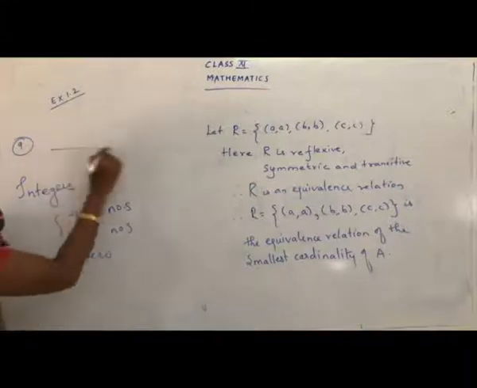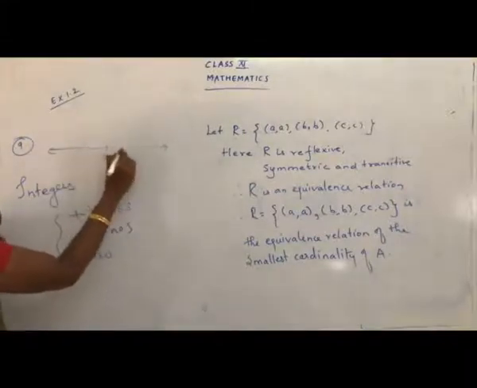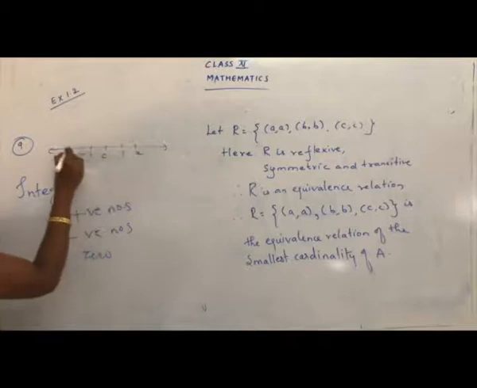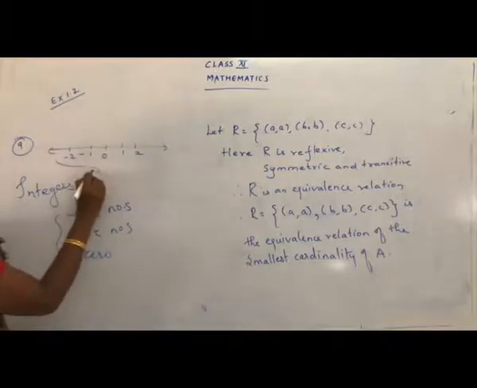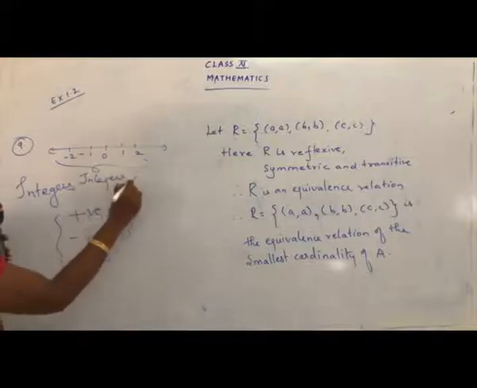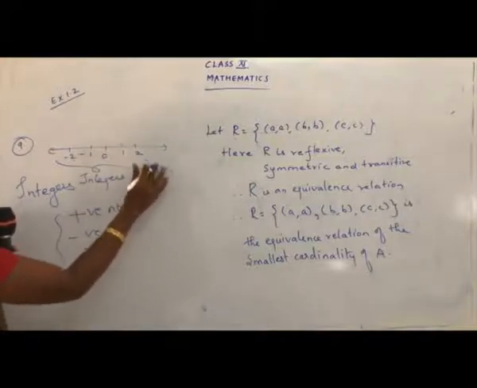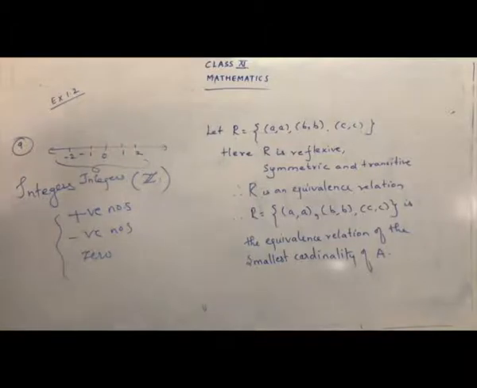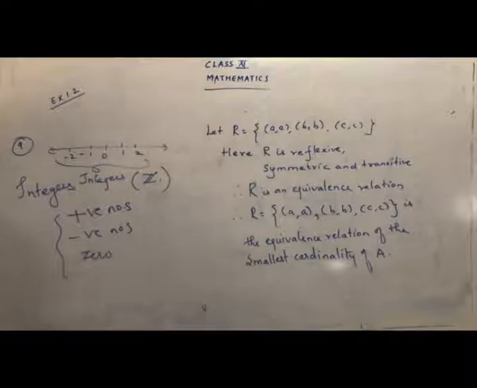So if you have a number line, 0, this is all the positive part and all the negative parts. So the whole thing is comprised of integers. And how are the integers represented? As a set. A set of integers contains the positive numbers, the negative numbers, and the 0.